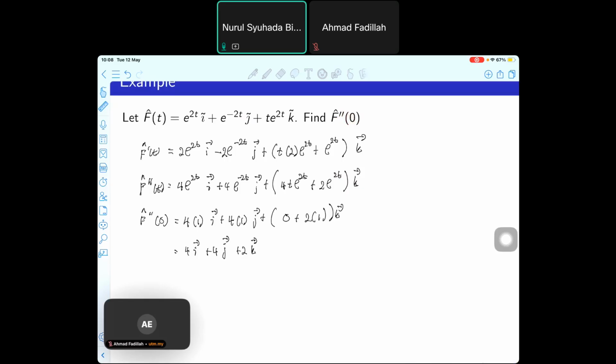Here I want to stress, you cannot substitute t equal to 0 in the first derivative and then use that first derivative to compute the second derivative. No, it cannot be like that. Because if you put t equal to 0 in the first derivative, then for the second derivative you are going to get 0.